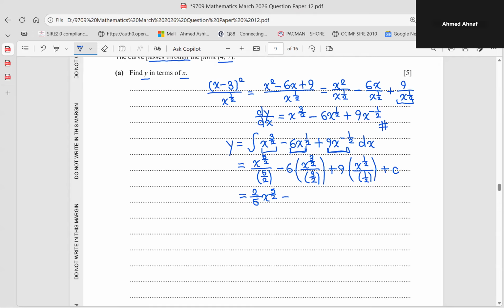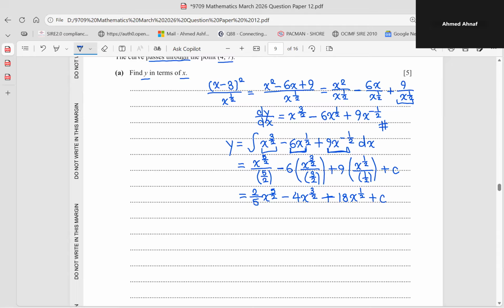So that's 4. So minus 4x to the power of 3 over 2 plus 9 divided by half. That's 18. x to the power of half plus c.